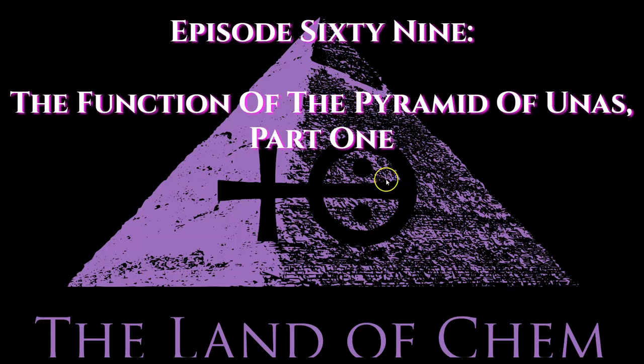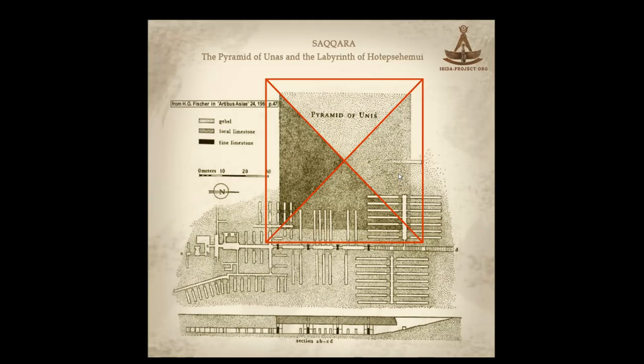All right, everyone, here we go with tonight's episode. So today, we will be discussing the function of the Pyramid of Wenese, henceforth known as the Crystal Pyramid, which, according to the conventional historical timeline, was constructed after the Great Pyramid of Giza, and it utilizes a similar composition of different minerals in its various components.